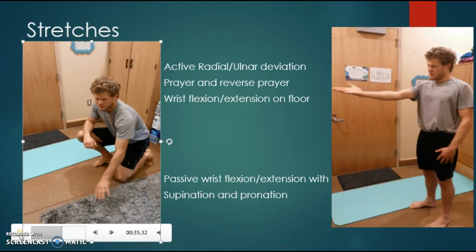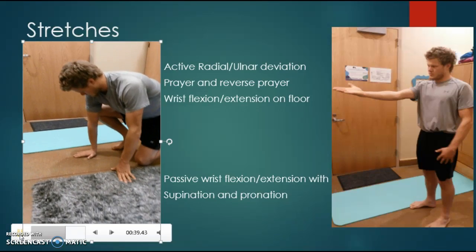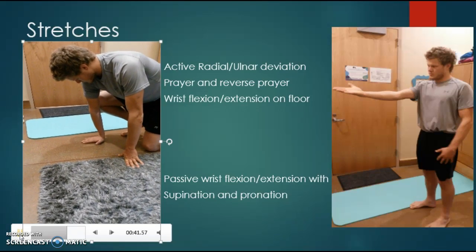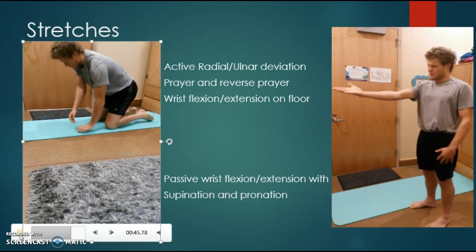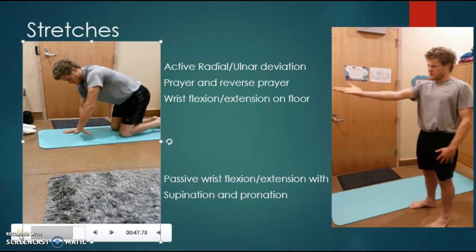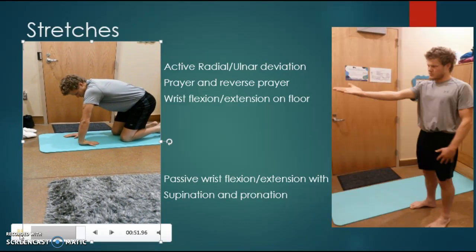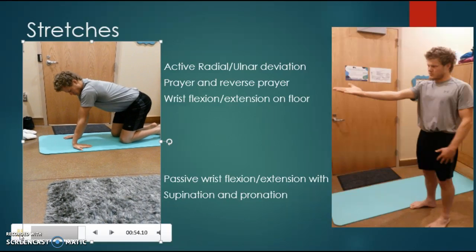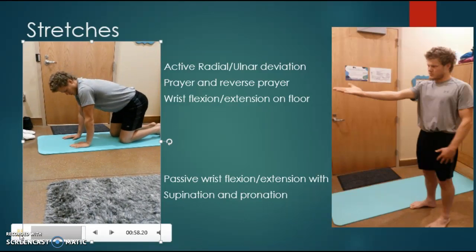Additionally, on the floor or on a table or mat, you can do, in this case, a pronated wrist flexion stretch, which will assist in opening up the wrist, as well as a pronated wrist extension stretch. And with that one, it would be better to ball up the thumb into a fist.